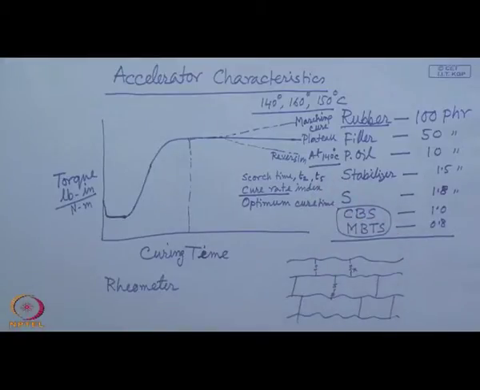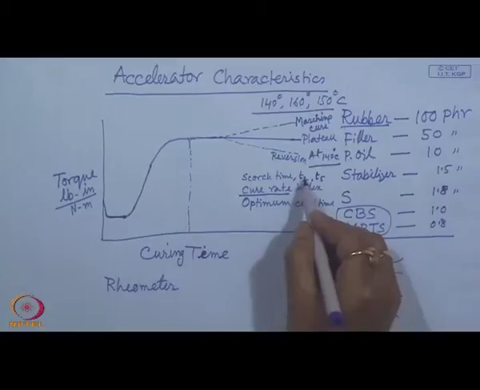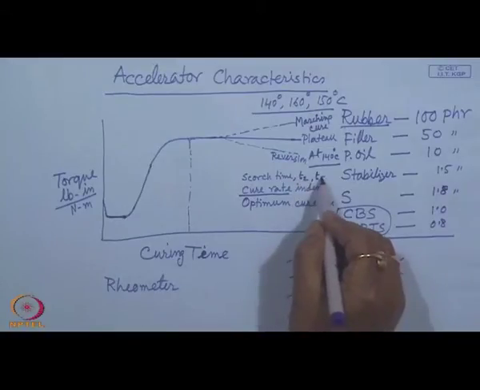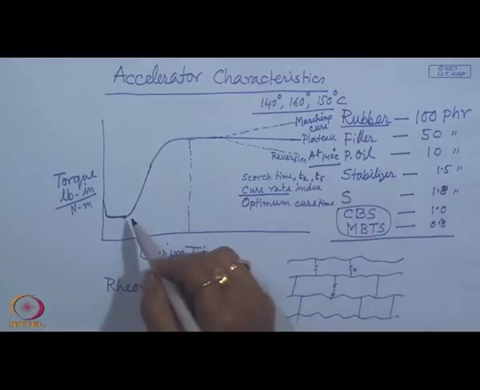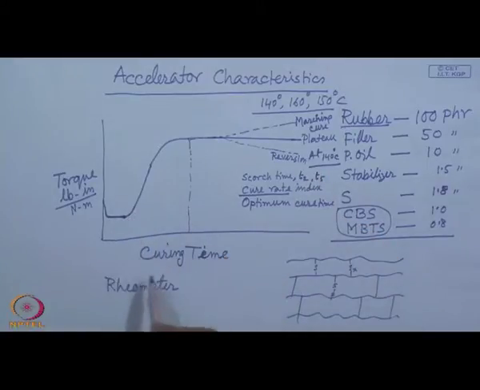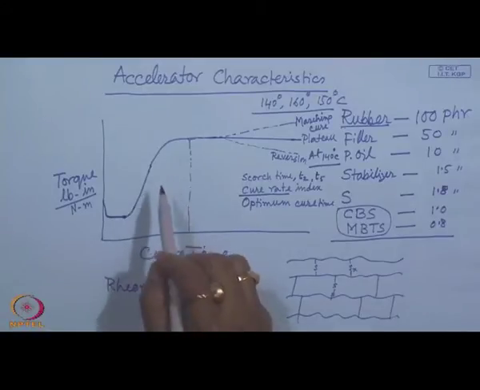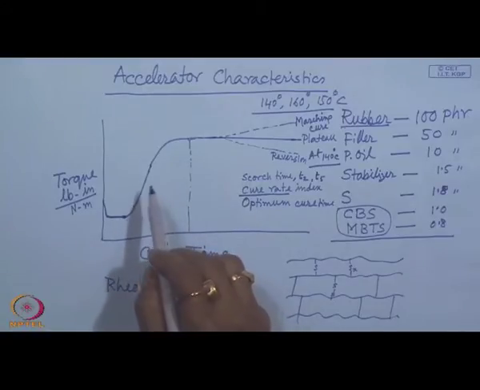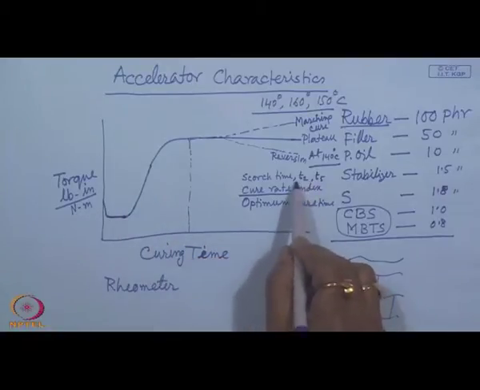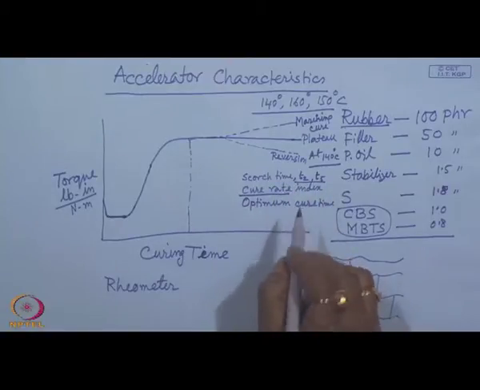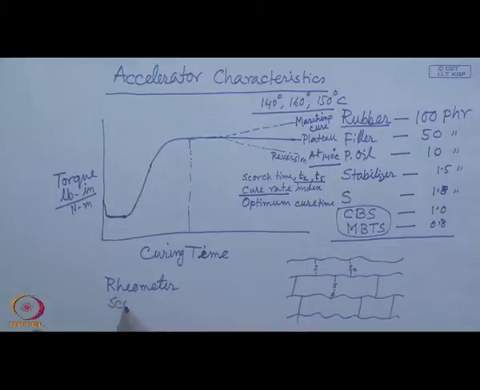That means the time required to achieve 5% of the maximum torque, or 3% of the maximum torque, or 4% of the maximum torque, that is known as the scorch time. That scorch time information can be available from this cure curve, that means the rheometer profile or cure profile obtained from a rheometer. Now, that information is necessary because that scorch time gives a scorch safety indication.